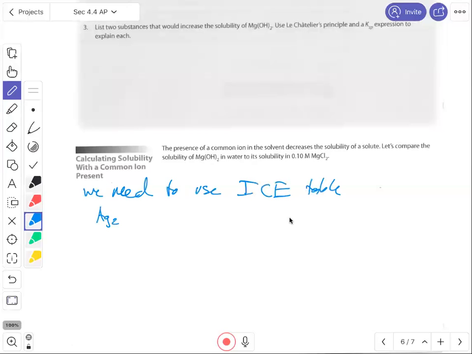The silver carbonate solid making 2Ag plus this guy.